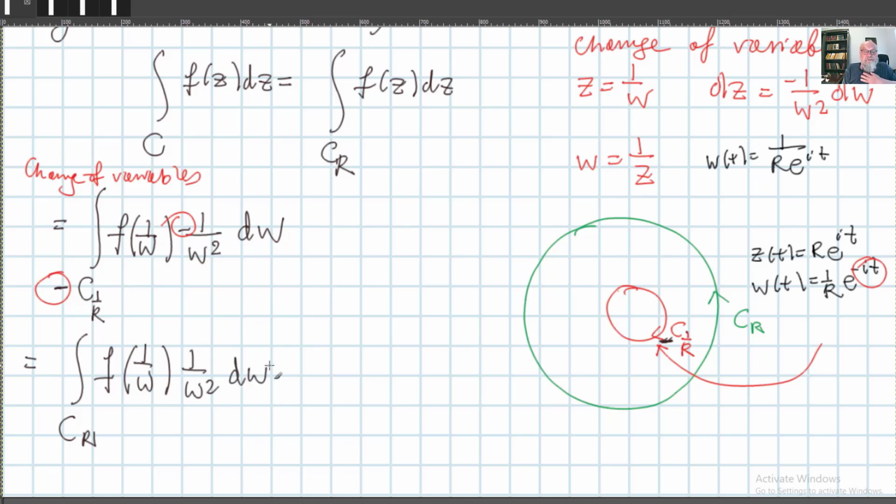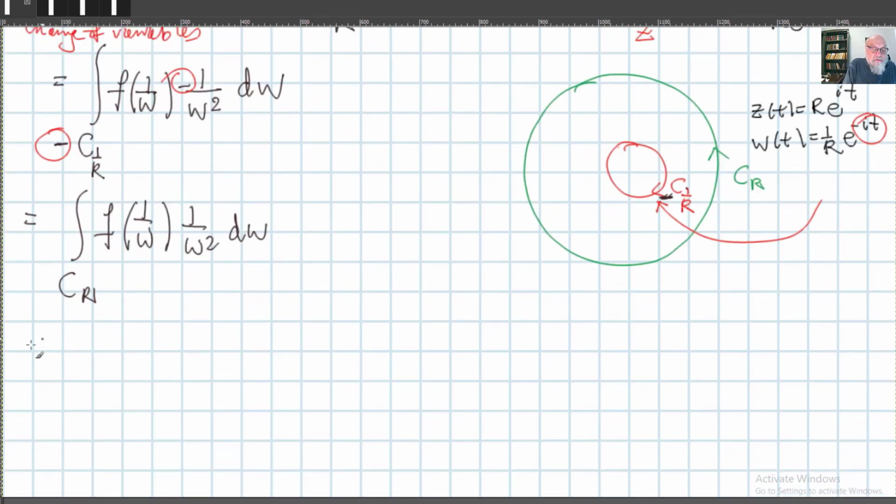And now, of course, who tells you you need to use this w? Too many symbols is always tiring, so we just return to my 1 over z. Why not? I call it again z. It's convenient. Just simply remember.